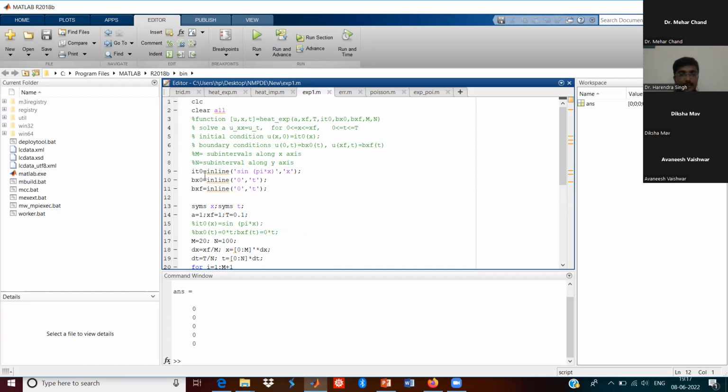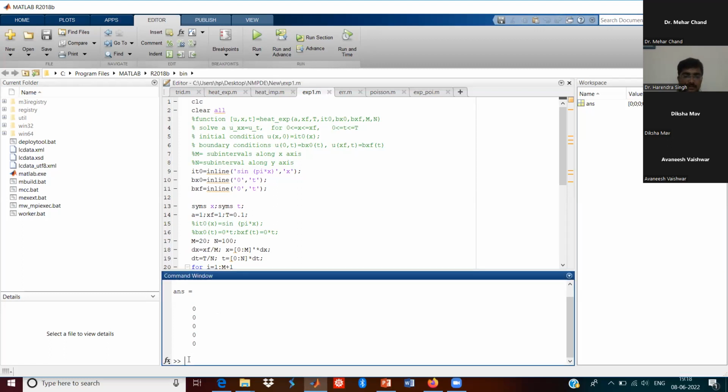If I copy this one, that function call was for the computation purpose, and this function call is for when you write a function explicitly. It will be sin pi x, it0 equal to sin pi x. Let me remove the semicolon.